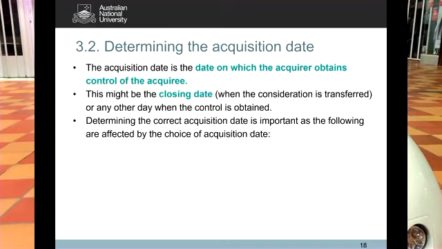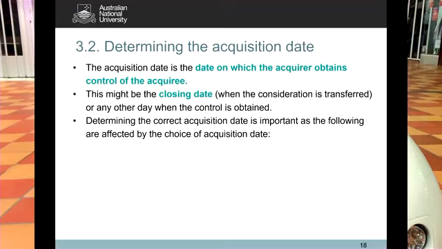Why are we so fussy on this acquisition date? Because the acquisition date is very important, because we will need to assess many assets and liabilities. We need to determine their fair value. Basically, the acquisition method is based on fair value. And the fair value could vary a lot.